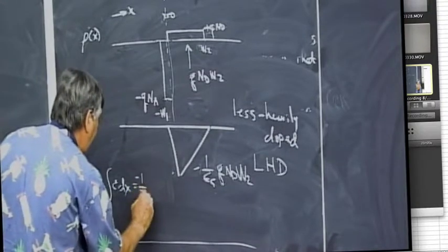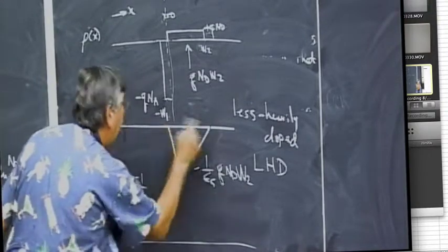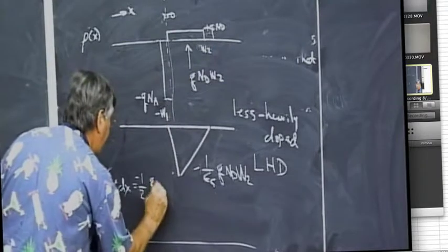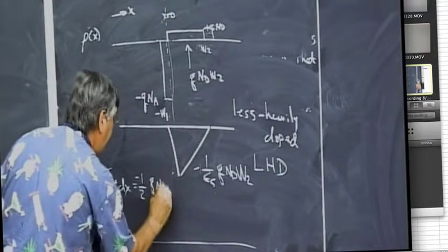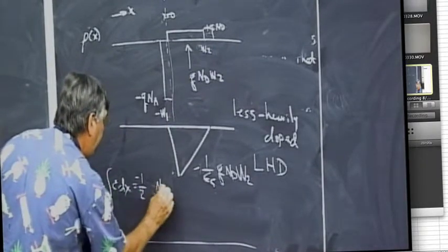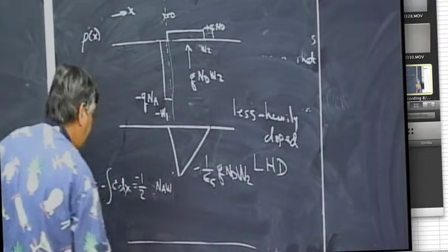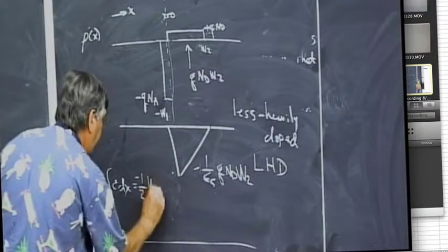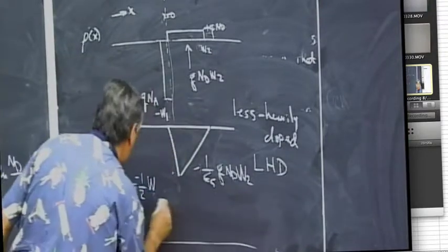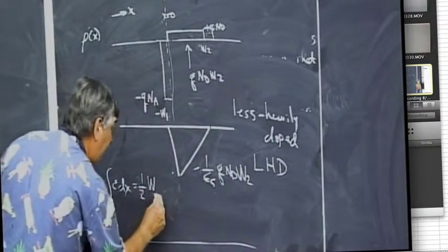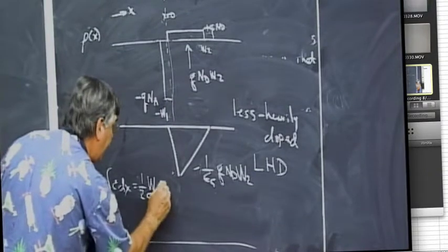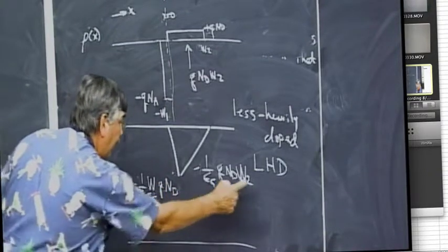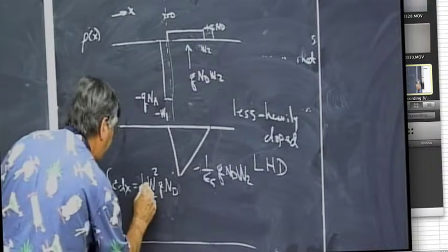It's minus 1/2 the base, which was the width W, times the height of this thing, which was q ND over epsilon s times W. So the minus sign goes away. There's an epsilon s in the denominator. There's a q. There's an ND. And there's another width, so the width is squared.